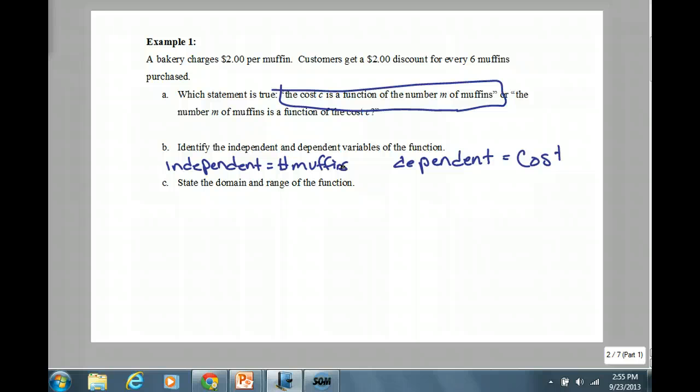So now we want to talk about domain and range. How many of you remember using the domain and range? Okay. So in this case, the domain would be number of muffins, right? And I'm going to write it in the math way that we do. M such that M is an integer.